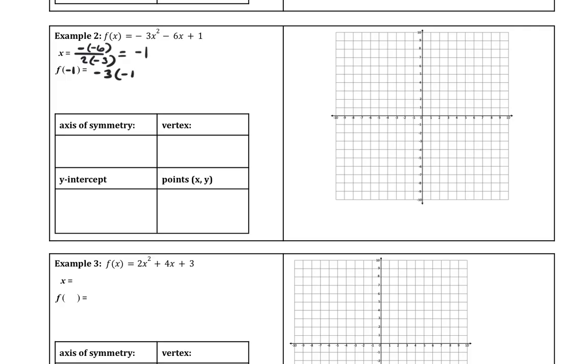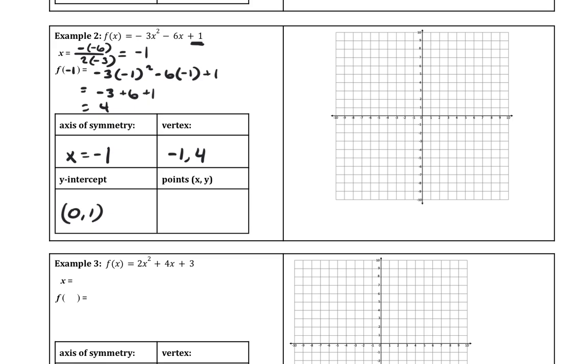Negative 3 times negative 1 squared minus 6 times negative 1 plus 1. So this is going to be negative 3 plus 6 plus 1. And I get 4. Okay, so my vertex is at negative 1, 4. My axis of symmetry goes right through the x value. My y-intercept is at 0, 1.